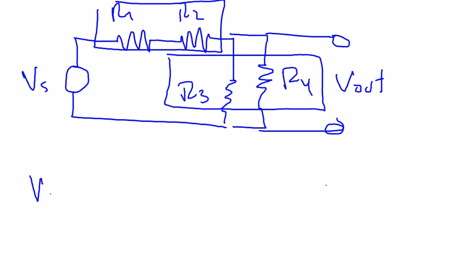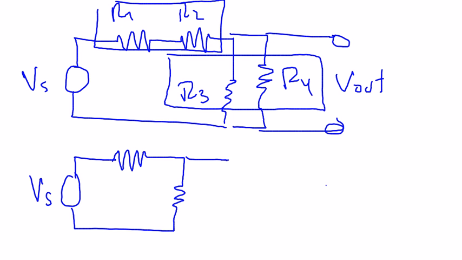So we could redraw it as this, with this being our output voltage, where this top resistor is really the sum because, I'm sorry, because they're in series, we just add them directly, they're R1 plus R2.